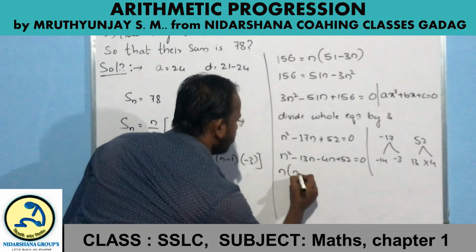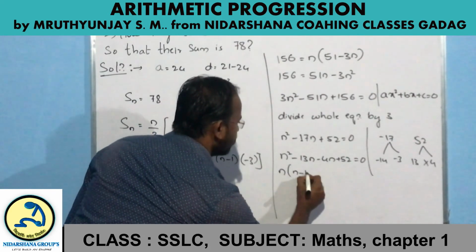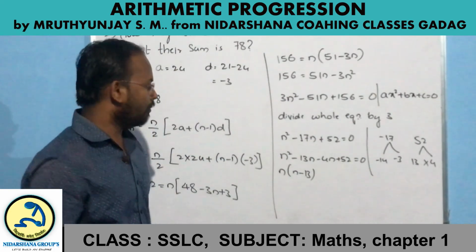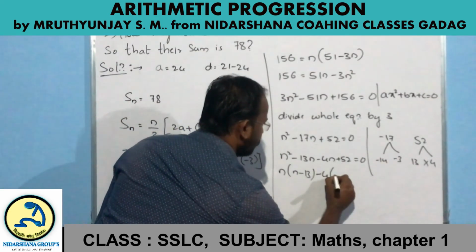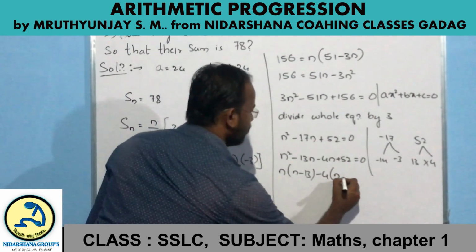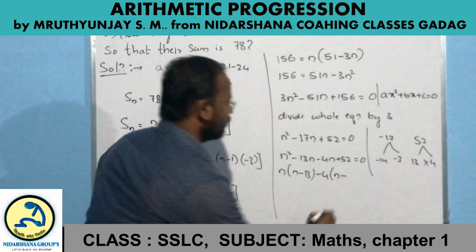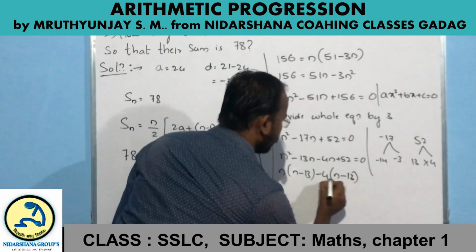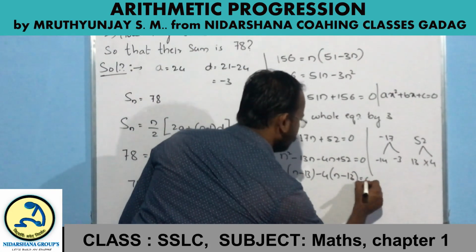That is n minus 13. Minus, here I will take 4 as common. n will remain inside. Minus 4 into 13 is 52. Minus into minus is plus, we will get the 52 here. Okay, so that is equal to 0.